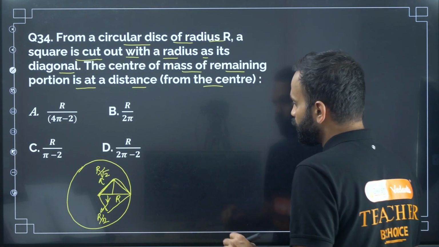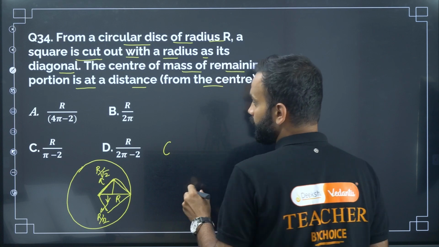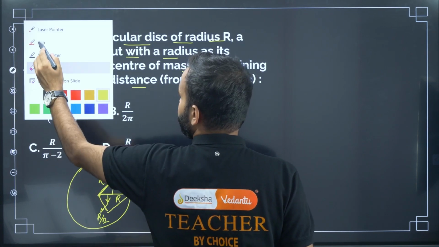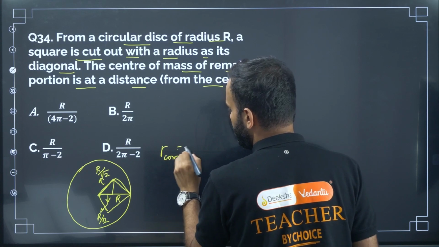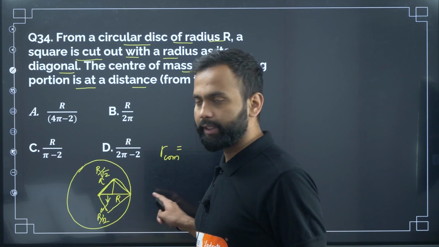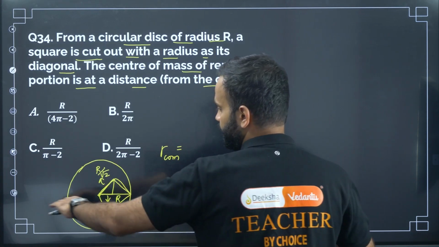So now the center of mass of the remaining portion. R COM, anyway the center of mass lies along the x-axis, or the horizontal line.